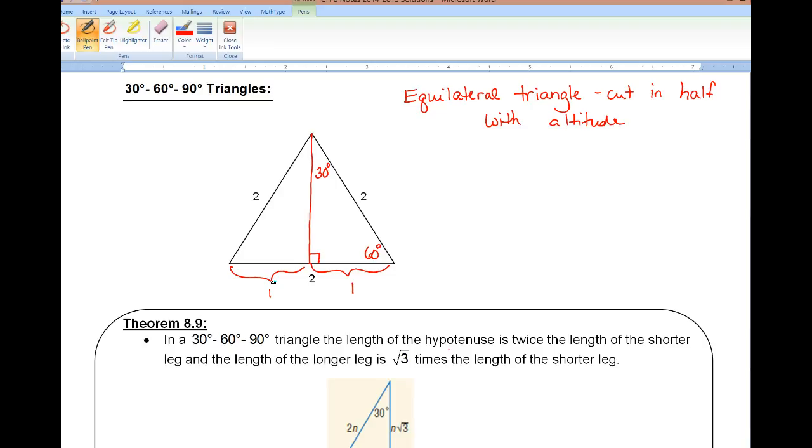Just look at this triangle though. Now that we have two sides, this is 1, this is 2. Could we figure out this other leg? Let's say this is A, this is B, and this is C. Go ahead and take a minute to solve, and just leave it in radical form. This is why I don't want you to pick up your calculators; you can do some of the mental math.